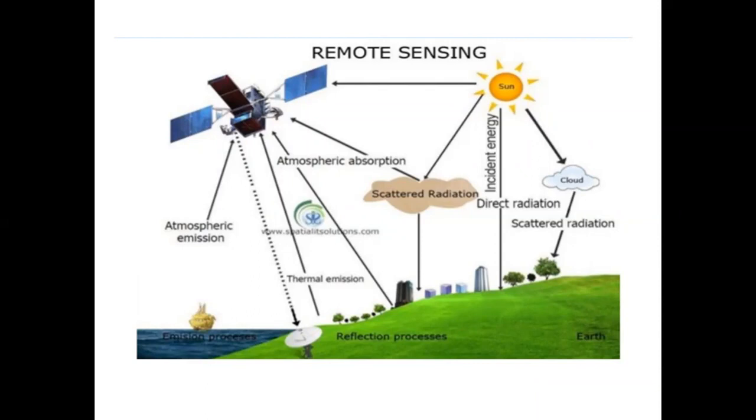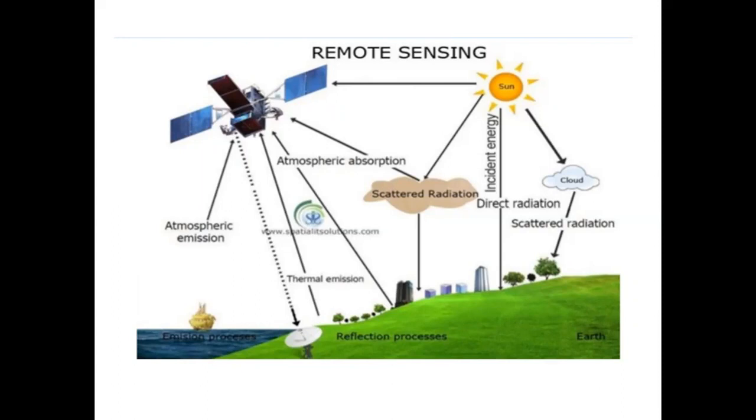When it reaches the ground, it is reflected, absorbed, or transmitted by the earth surface characteristics. This transmitted, reflected, and absorbed energy is gathered by the sensor. Then the energy gathered by the sensor is converted into image format.